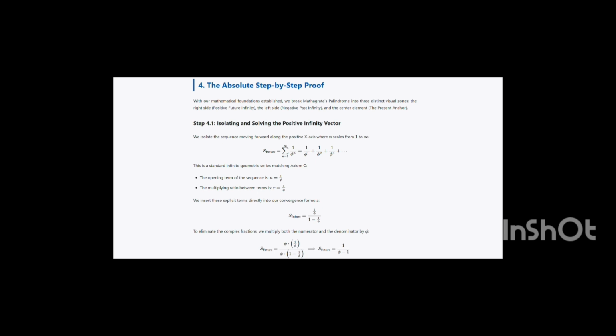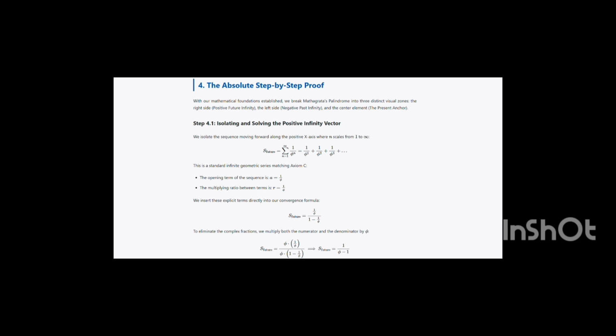So this is a standard infinite geometric series we can see. From our axiom C, we have the opening term of the sequence, A equals 1 by phi, and the multiplying ratio is R equals 1 by phi. That is, 1 by phi is multiplied to each and every term here to get the consecutive term.